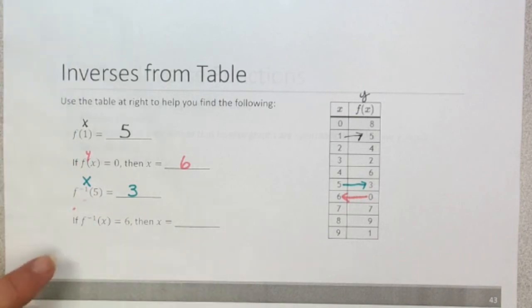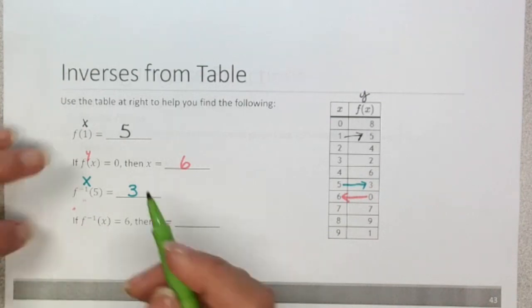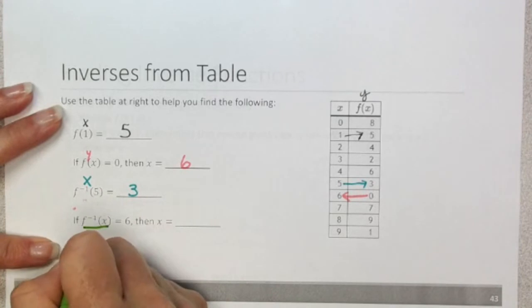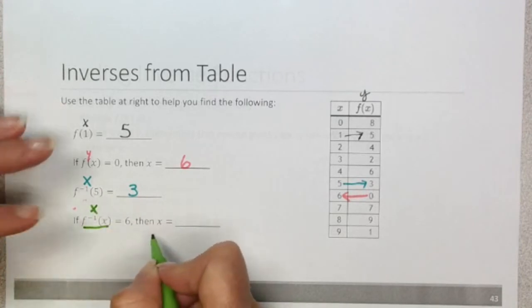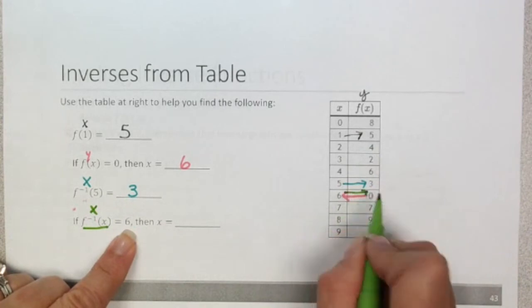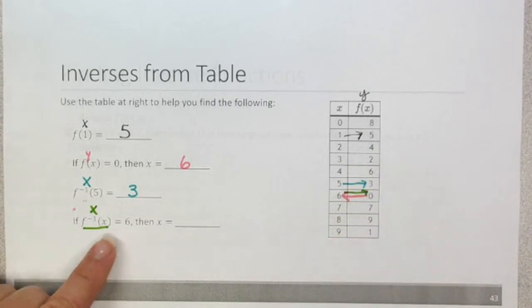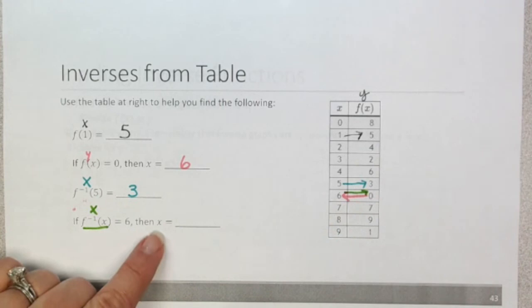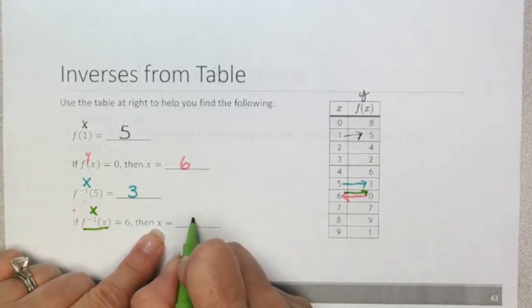This is very confusing, right? So what we're saying here actually is the inverse is the x. That's the x. It's 6. Okay. So at 6, that maps us to 0 here, right? So then is x going to be equal to 0?